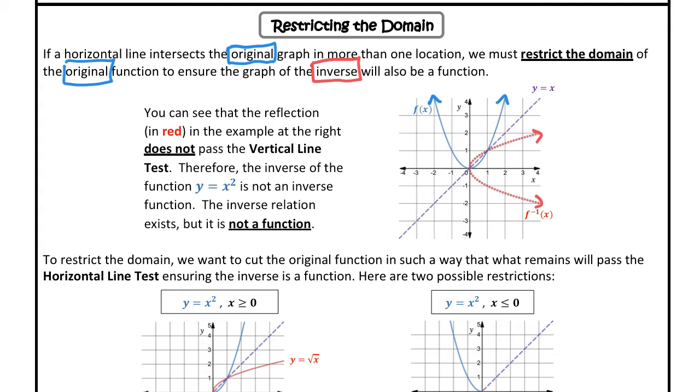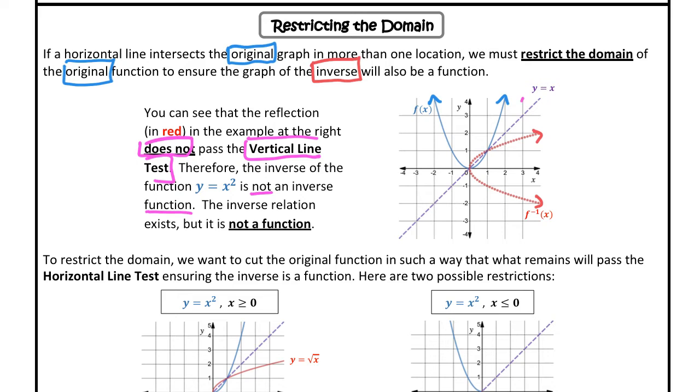So let me pick a different color here. Let me choose pink because it kind of stands out. If something does not pass the vertical line test, then it is not a function.